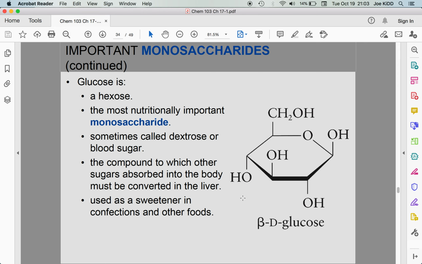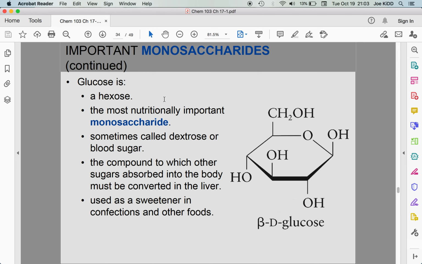Sometimes we need it in the Haworth form, which is this form right here. Sometimes we need it in the linear Fischer projection, but you should be able to do both. If we tell you D-glucose or L-furanose or something like that, you should be able to draw it both in the linear Fischer projection as well as the Haworth structure.